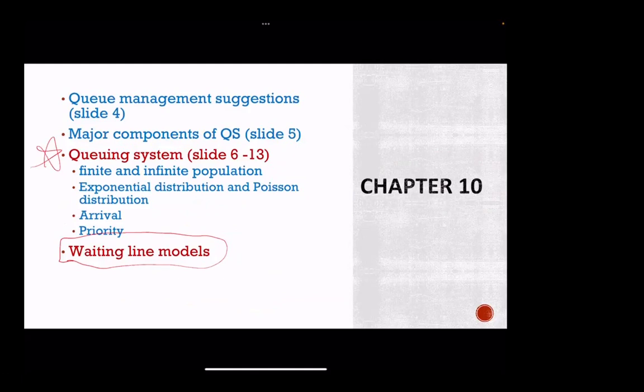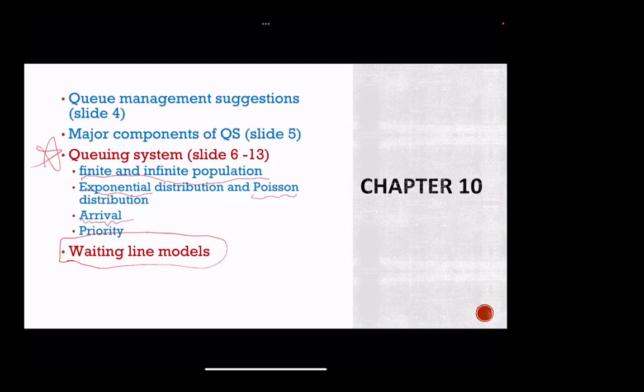So you need to figure out several questions. You may find them as true or false questions or multiple choice problems. You need to figure out what finite and infinite population mean, and what exponential distribution or Poisson distribution means.